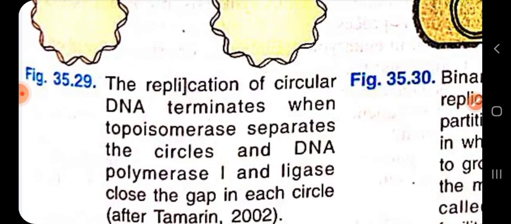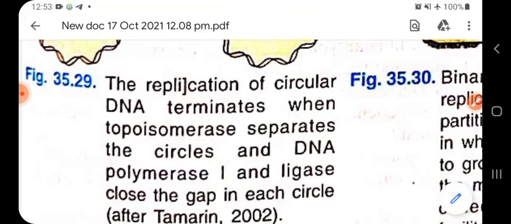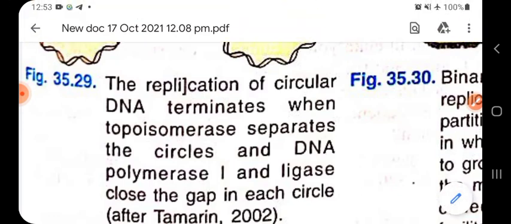Okay. So this was all about the replication process in the rolling circle mode of replication and the theta mode of replication in the bacterial cell. I hope you have understood this part. In the next class, I will try to talk about the eukaryotic replication process.